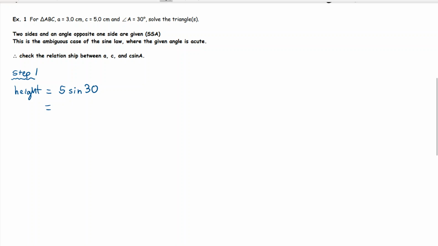So first my height: I do 5 sine 30. The height of the triangle is 2.5 centimeters. So since the height of the triangle is smaller, a is bigger than the height. Therefore, we have 2 triangles.